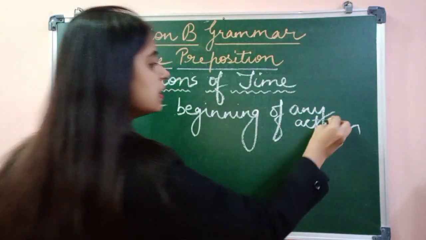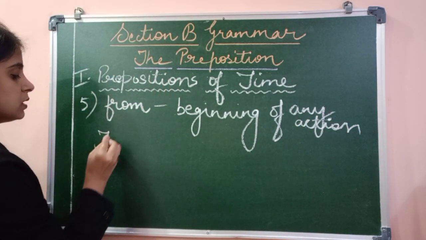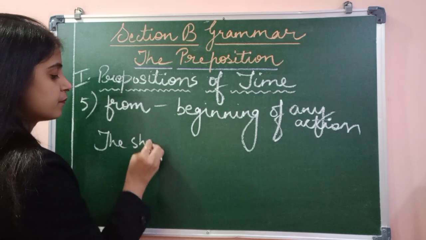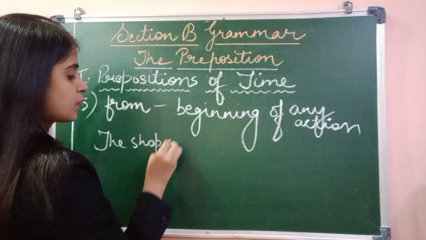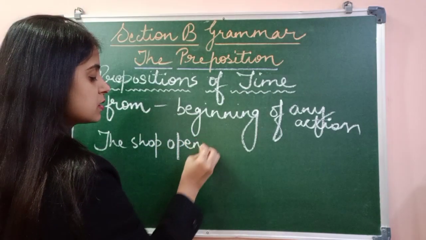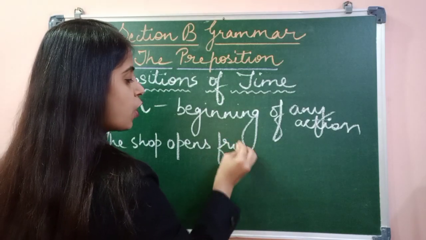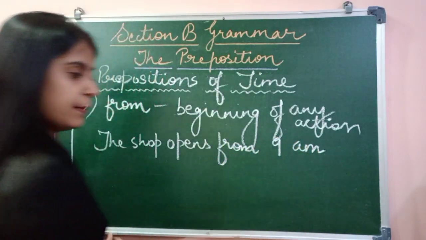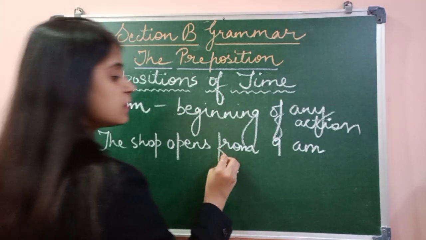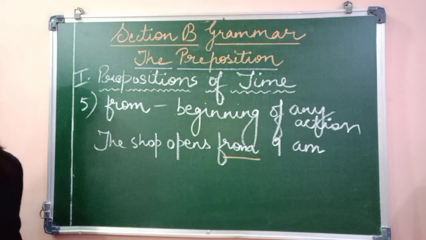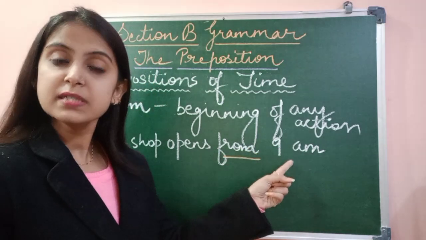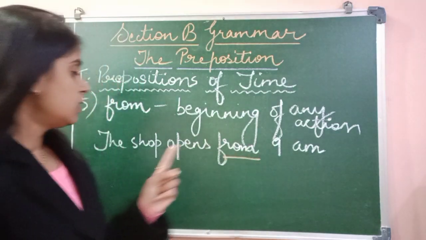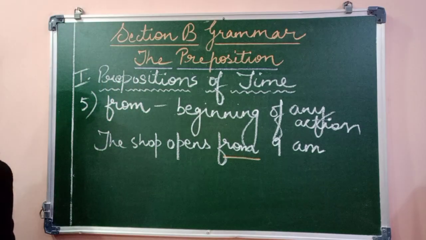For example, the shop opens from 9 a.m., right? So the preposition from shows that 9 a.m. is the starting time of the opening of the shop, right?